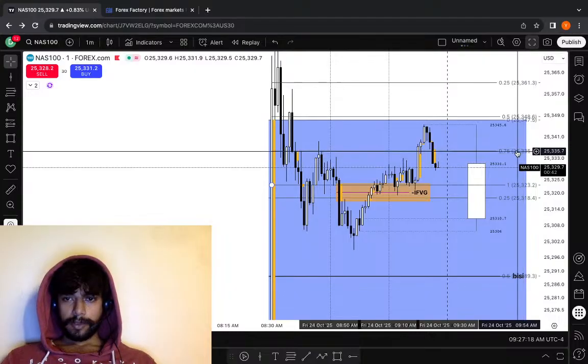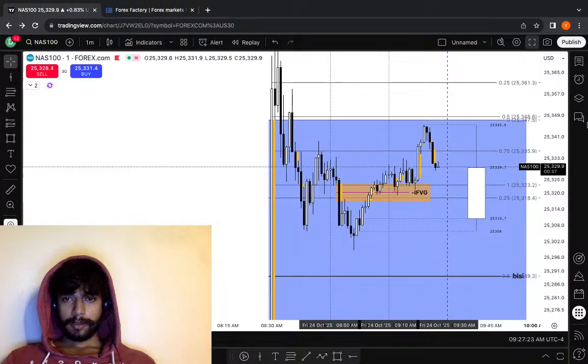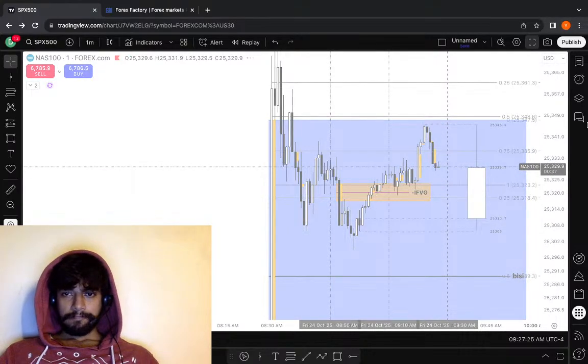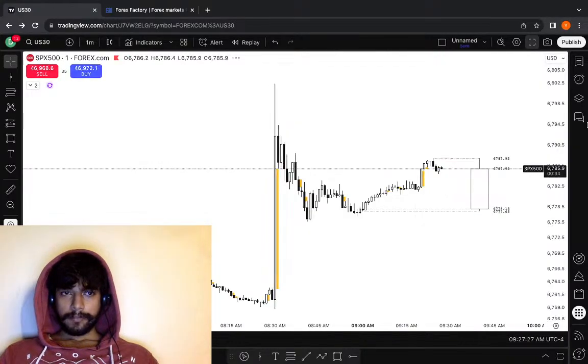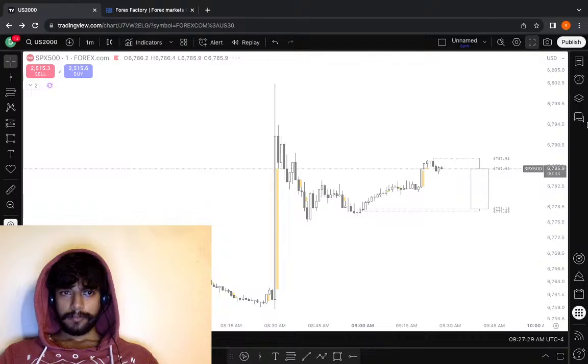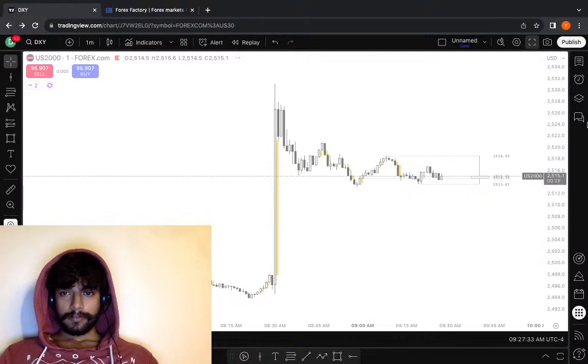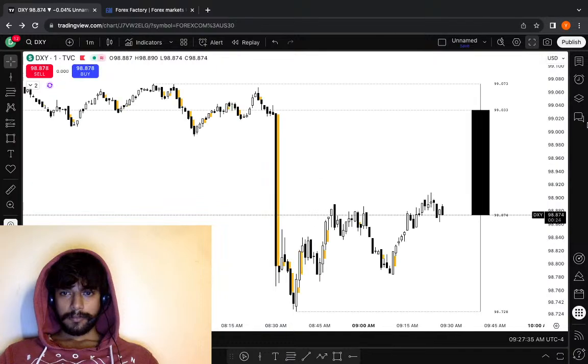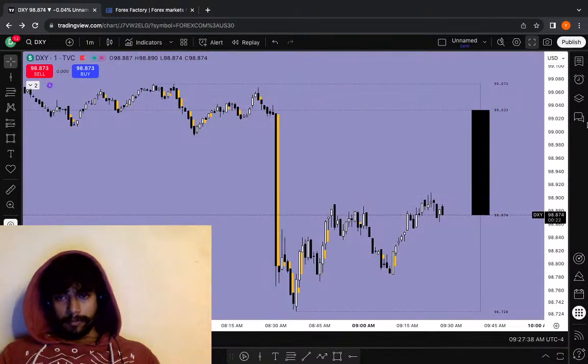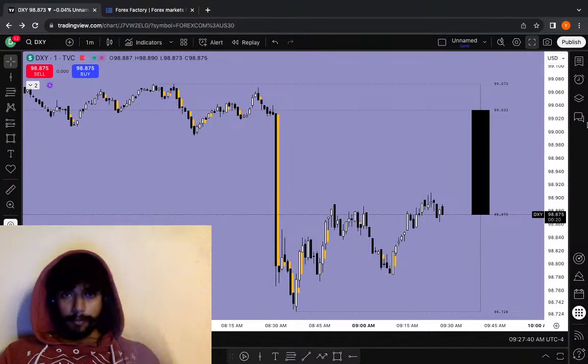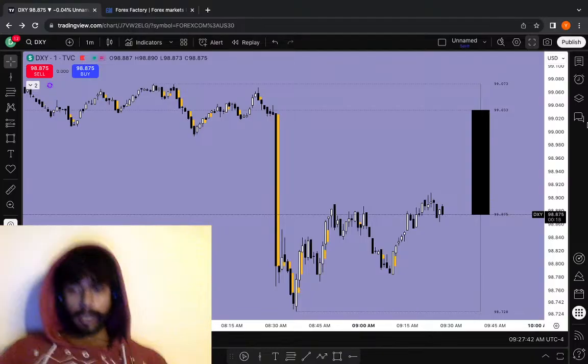This is the lower quadrant of that wick. Wait 3 more minutes to go for the 9:30 opening.